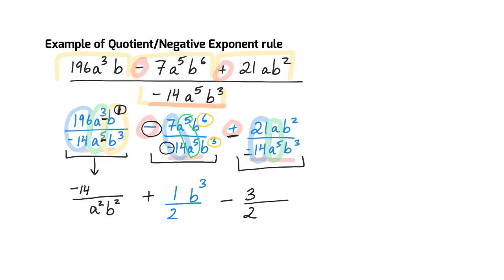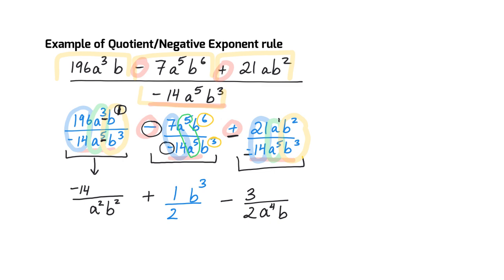So there's more A's on the bottom, which means I'm going to have 4 A's left over, right? Because one of them cancels out. And then for the B's, I have 2 B's on top, 3 B's on the bottom. So when I subtract them, I end up with an extra B on the bottom. So that is what that's going to look like.